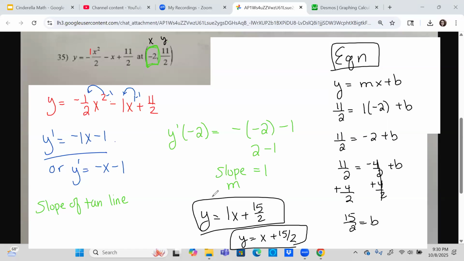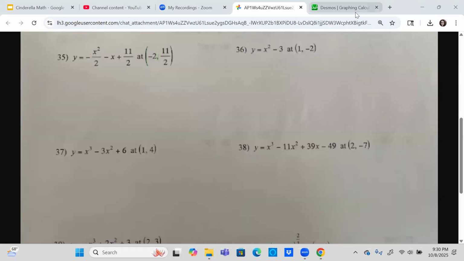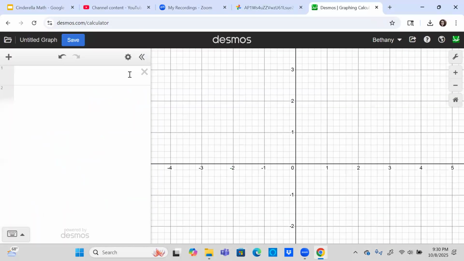I will not go to Desmos to check every single one of these, but I'll do it for a couple. So since this is the first one, you might be saying, could I check this? Yes, you can. So what you're going to do is type the original function into Desmos. So let me just pull that paper up on my phone here.